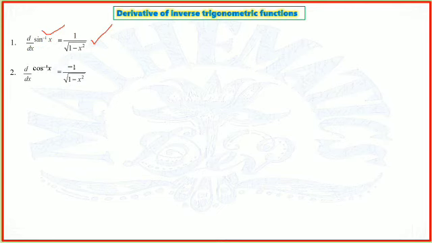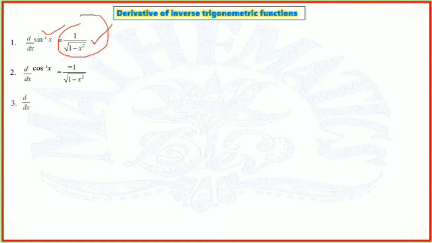The first one is the derivative of sine inverse x, which is 1 upon root 1 minus x square. The second one is, since cos inverse x is a complementary trigonometric function, d over dx of cos inverse x is minus, same thing, 1 upon under root 1 minus x square.